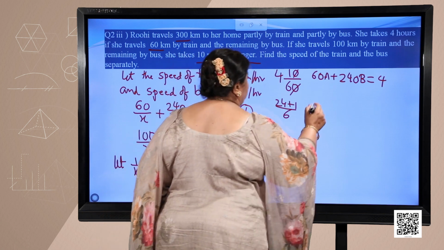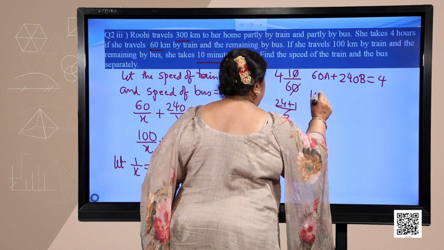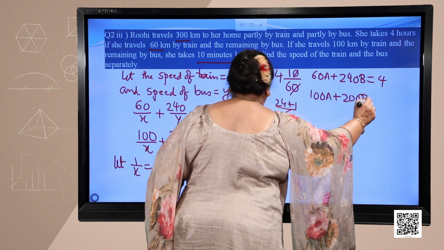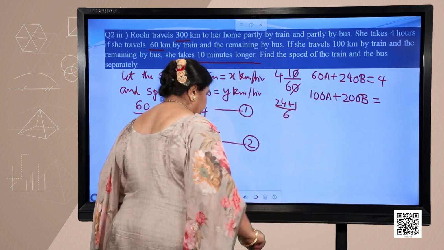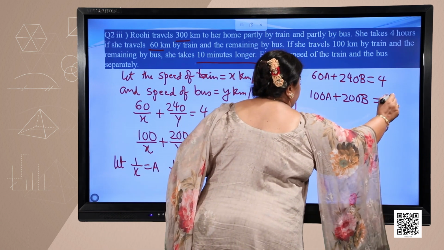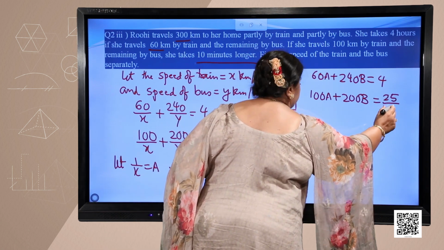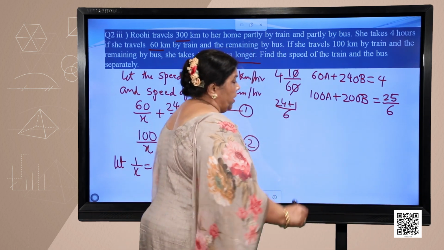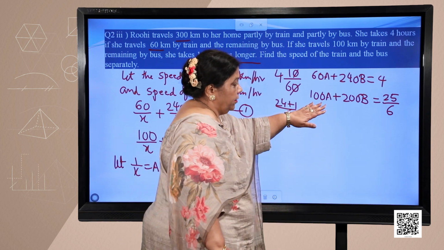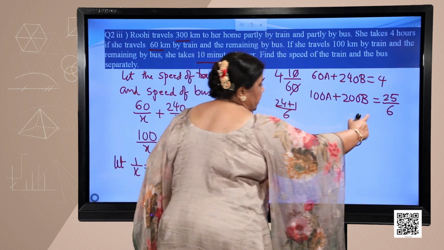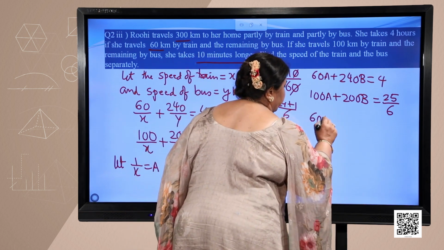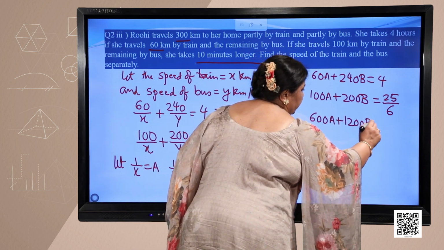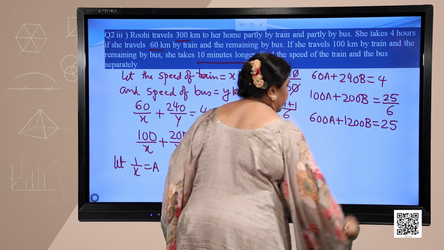Likewise, second equation, I will have 100a plus 200b is equal to 25 by 6. All right. Now, if I reduce it to lower terms, look, if I multiply this by 6, I get 600a plus 1200b is equal to 25.